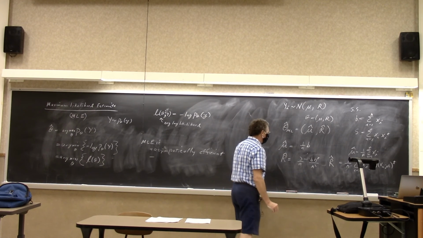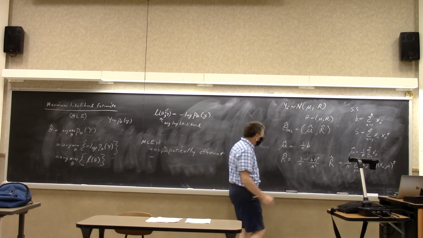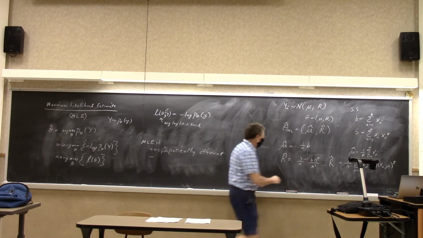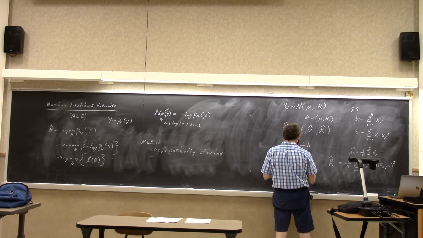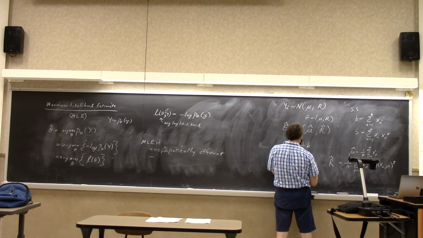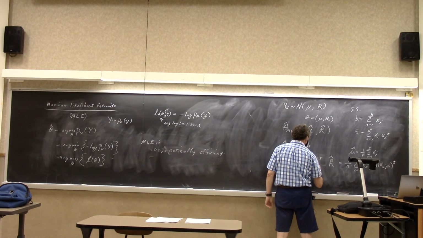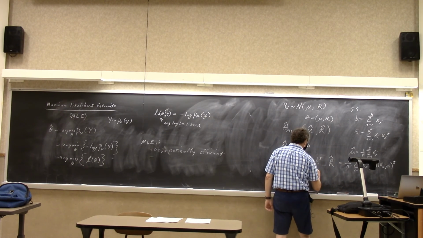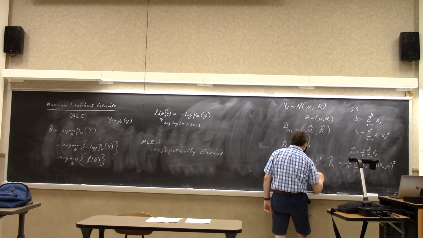I could also do it with the mu hat, but I wanted to write it in terms of the actual sufficient statistics: b b transpose over n squared. Because this thing here is mu hat mu hat transpose.